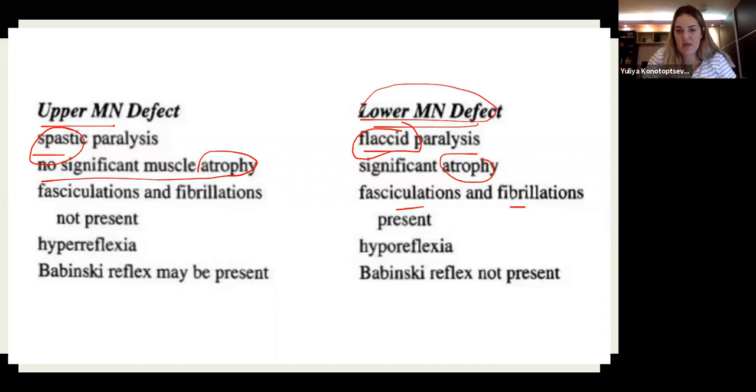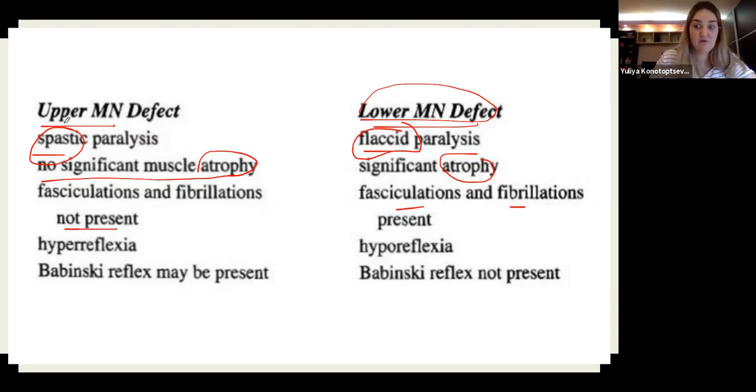So involuntary impulse of the skeletal muscle can be inhibited by the lower motor neuron. So if you remove lower motor neuron, the skeletal muscle is free to do whatever it wants to do. So fasciculations and fibrillations are present. But here they're not going to be present because, I repeat, in this defect, lower motor neuron is intact. It's still there, so you can still inhibit the skeletal muscle.